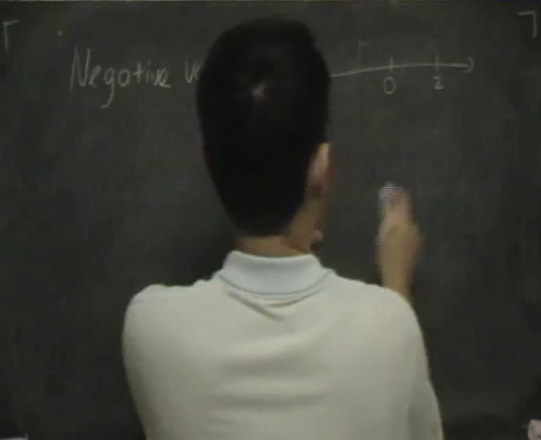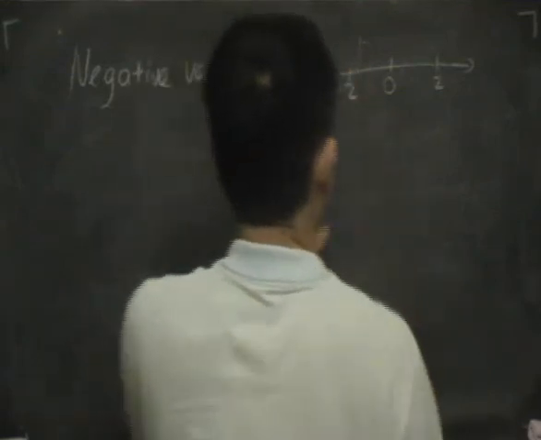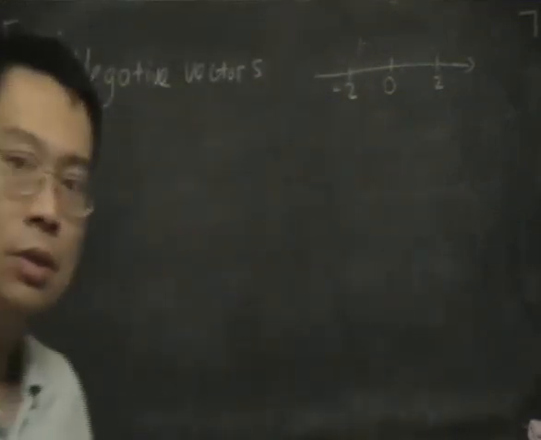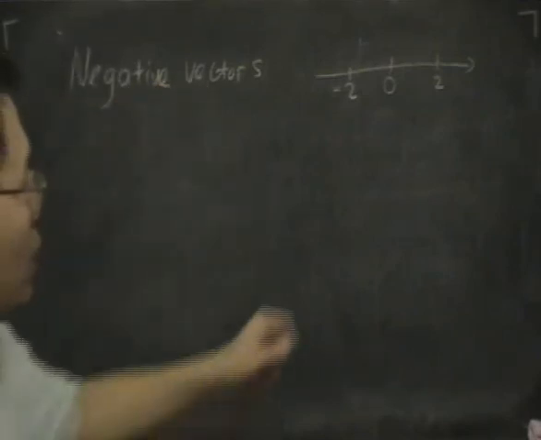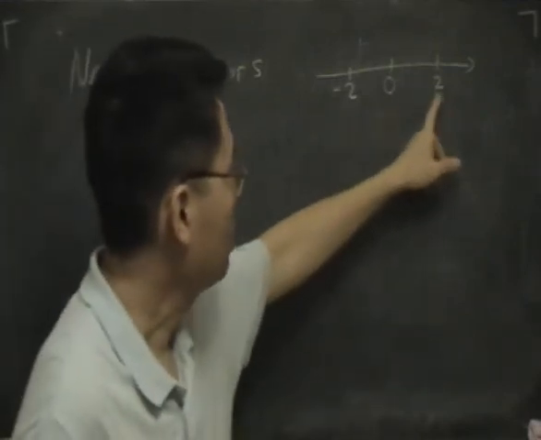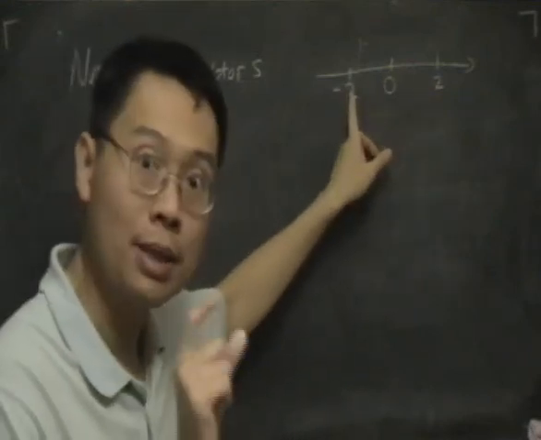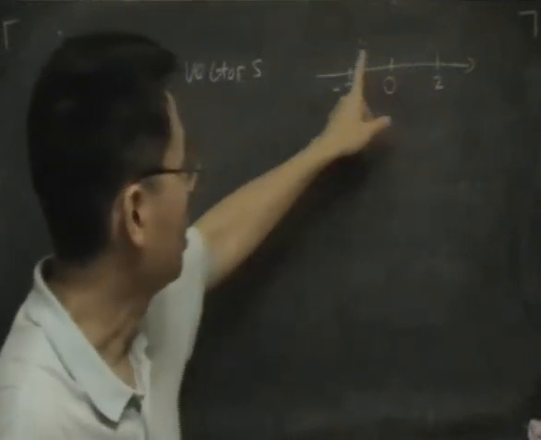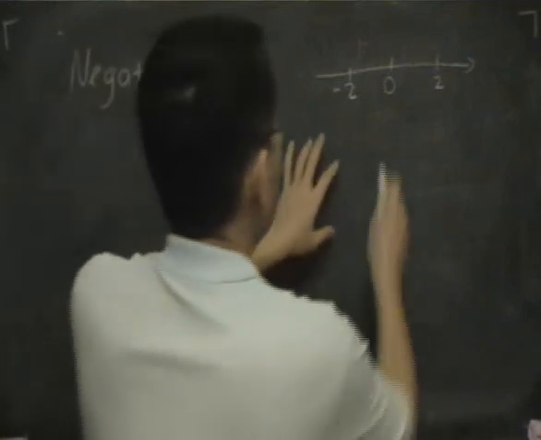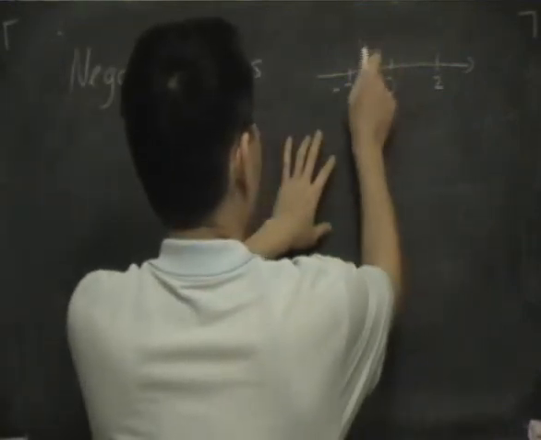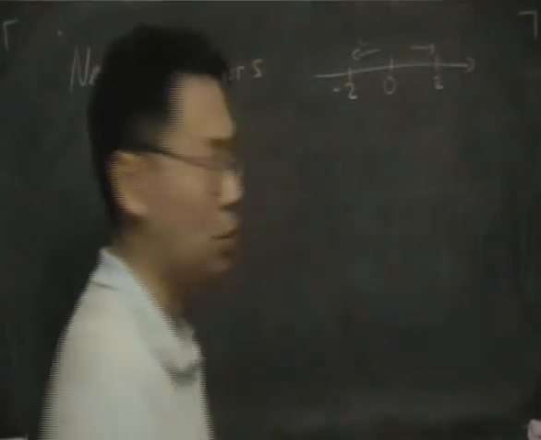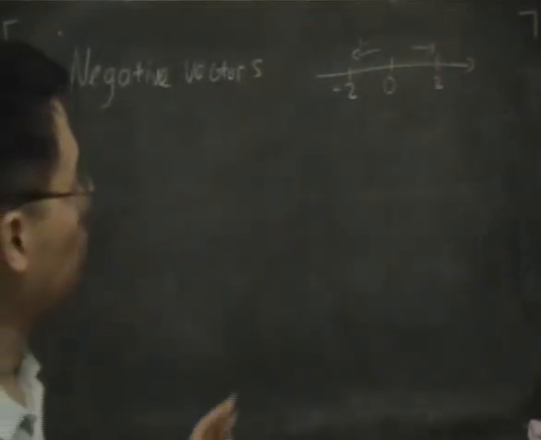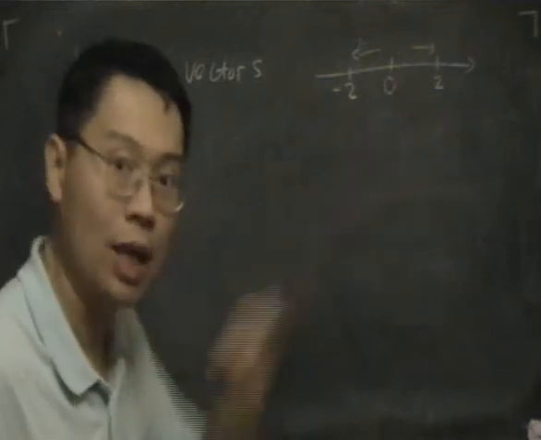That's 2. -2 would be on the other side of 0. So that sort of gives us the idea of a negative vector. On a number line, the -2, the negative number, is as if it's on the other side of 0, right? So that's the negative side, that's the positive side. So there is this idea of direction when we talk about positive or negative numbers.